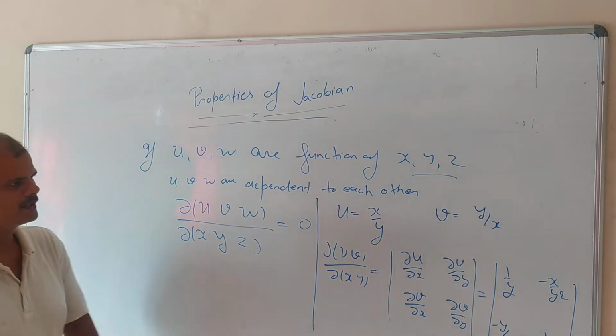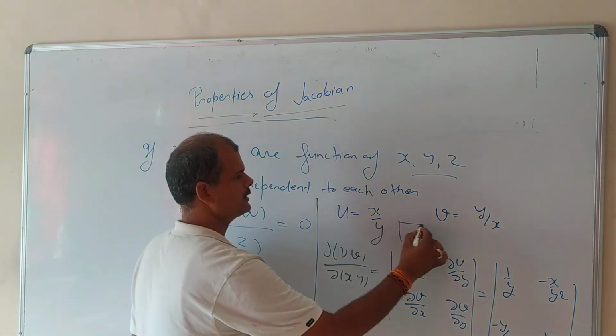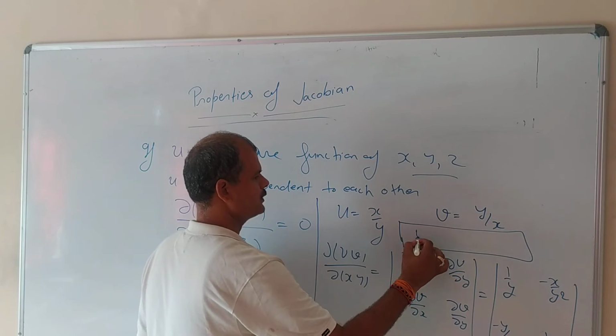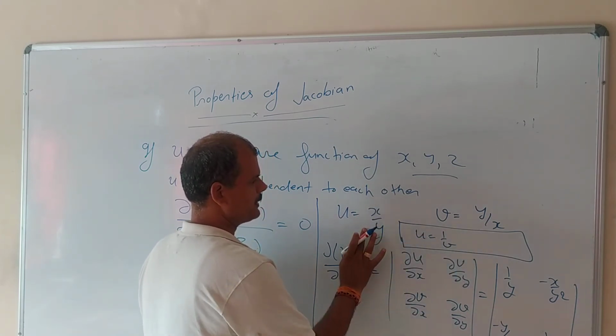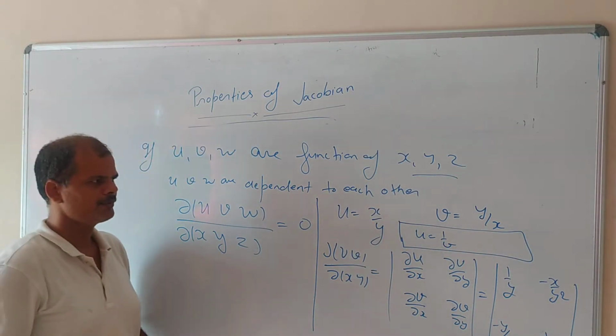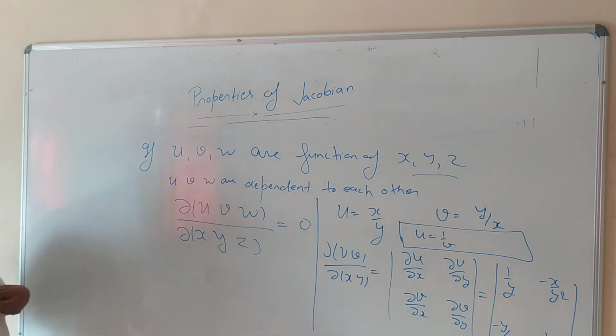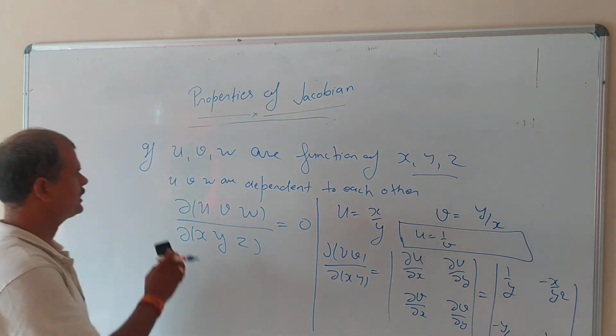What can we say? u and v are dependent to each other. It's very simple. What is that relation? u equals x by y, v equals y by x, so u equals 1 by v. So using this third property, we have seen that u and v are dependent, and we got the relation between u and v also.